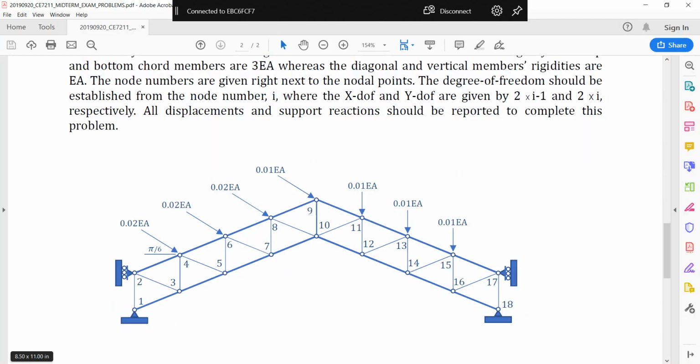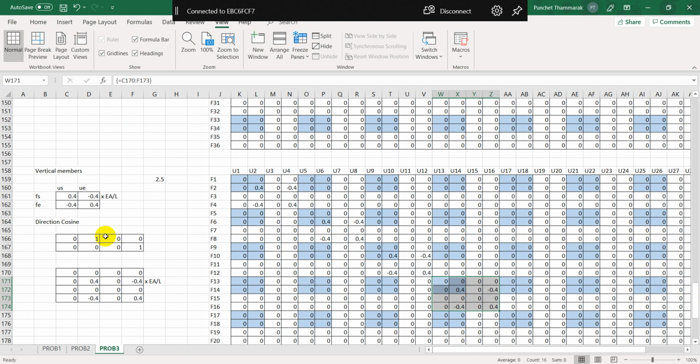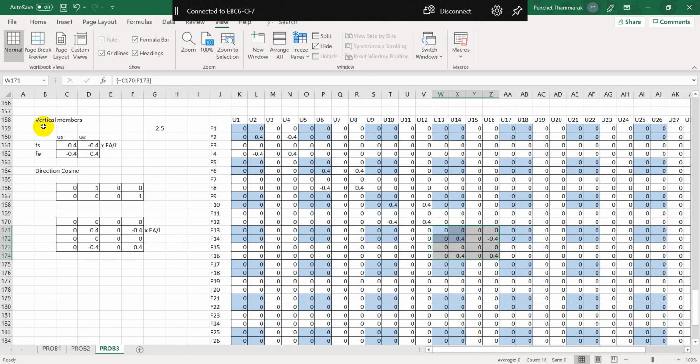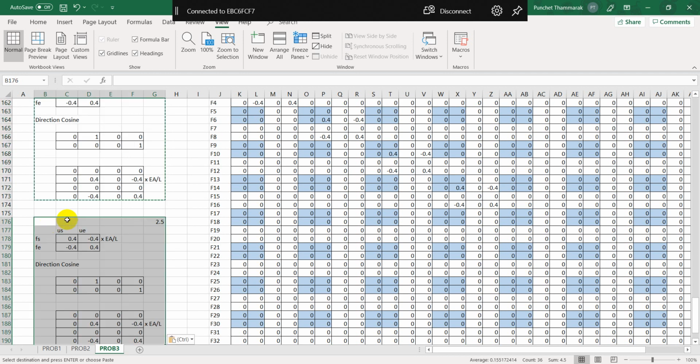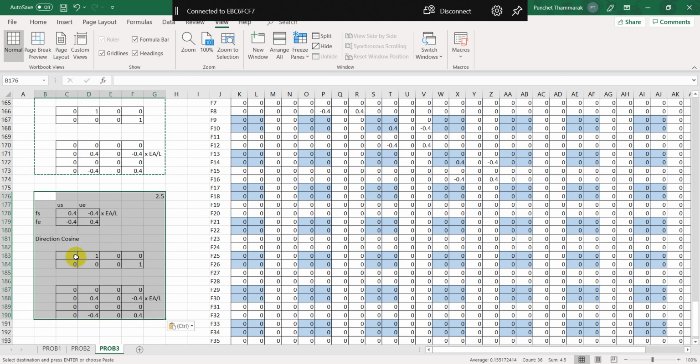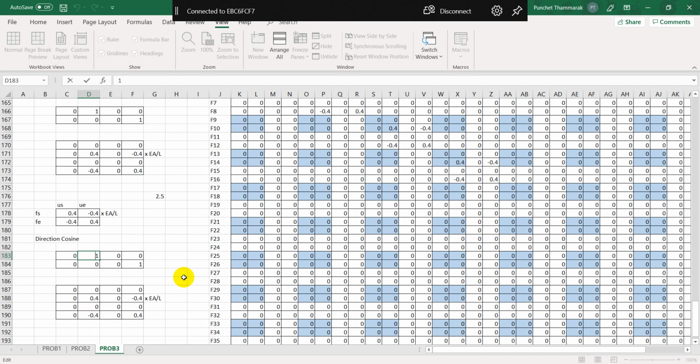The node numbering is just going backward in the other direction.